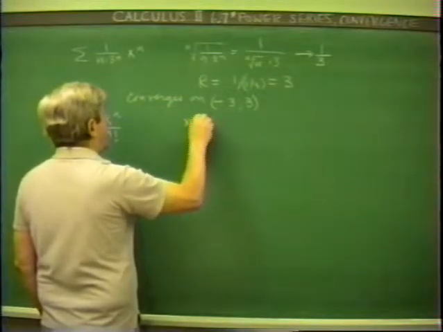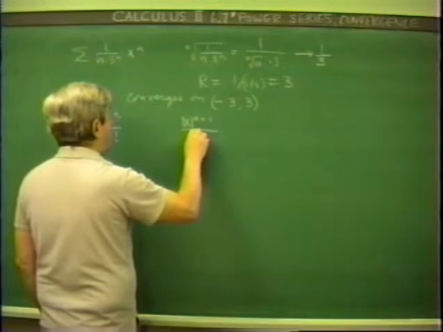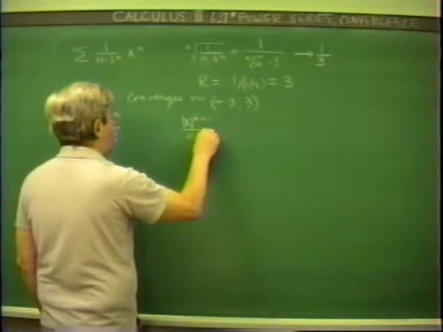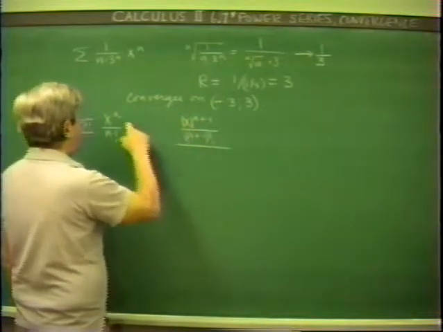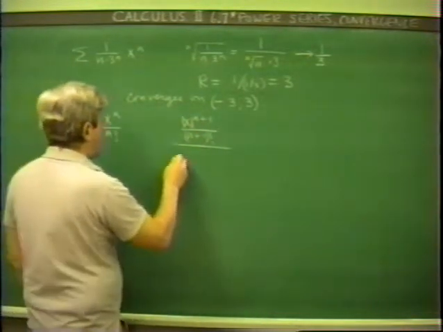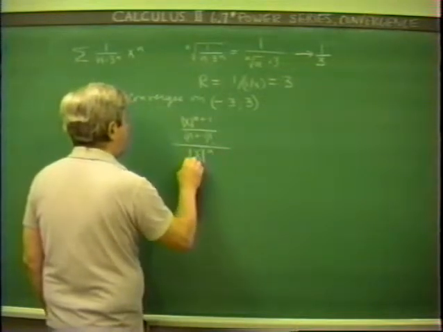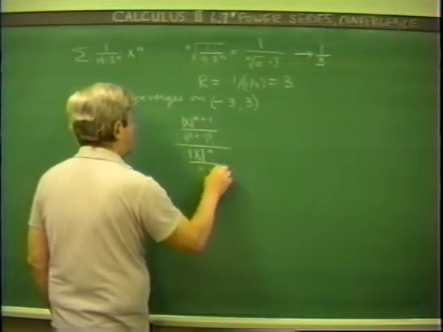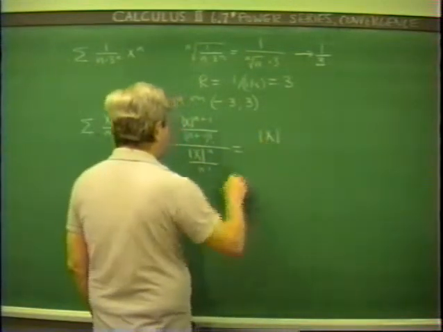Well, if we fix an x in here, then the n plus first term has absolute value absolute x to the n plus 1 over n plus 1 factorial. And the nth term has absolute value absolute x to the n over n factorial.